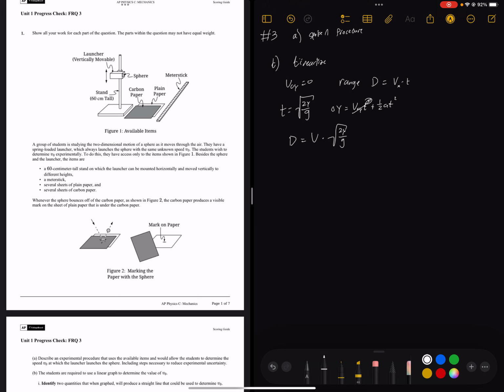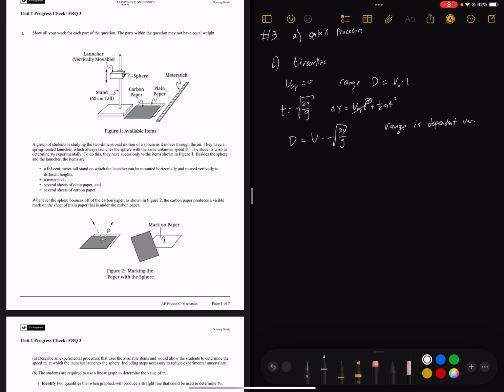Now my dependent variable is the range. The range depends on the vertical position of the launcher. The higher up the horizontal launcher is for a given velocity, the further the projectile is going to travel.